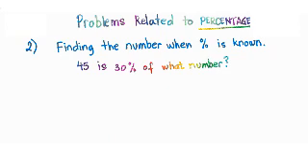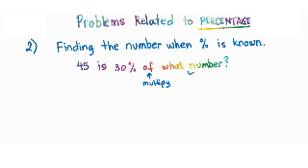Number 2. Finding the number when percent is known. For example, 45 is 30% of what number? Of again means multiply, meaning 30% of what number? 30% times a number.